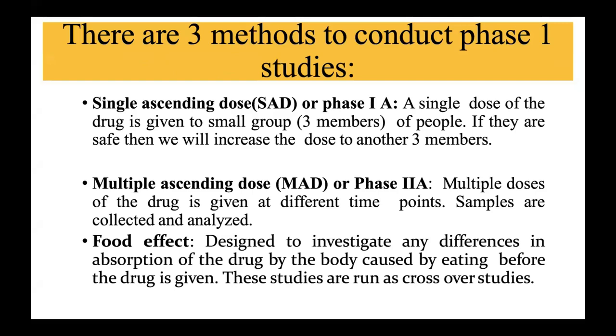This is a single ascending dose in phase 1, where a single dose of the drug is given to small groups of 3, and if they are safe, we will increase the dose after 3 members, then in multiple doses we can calculate the safety.